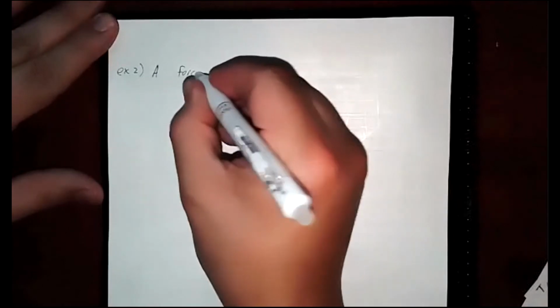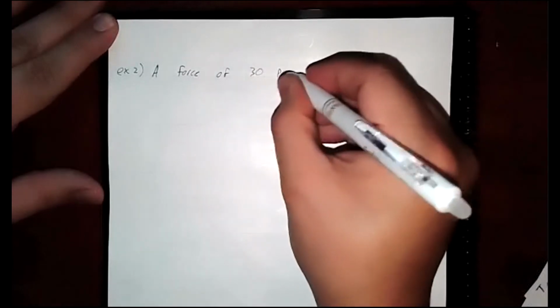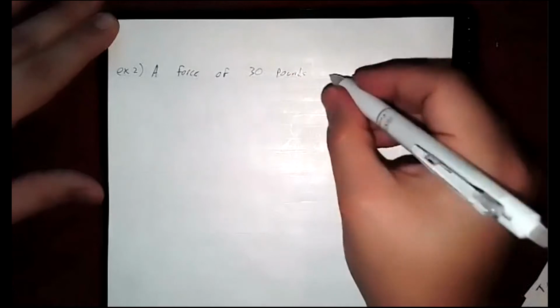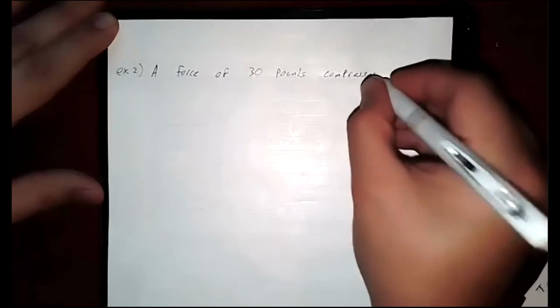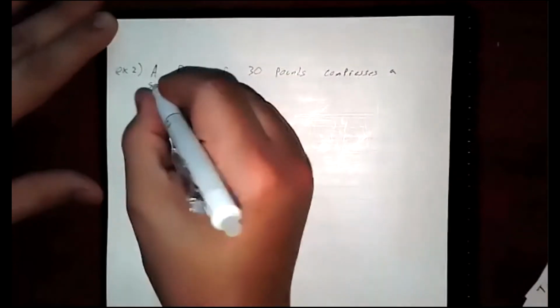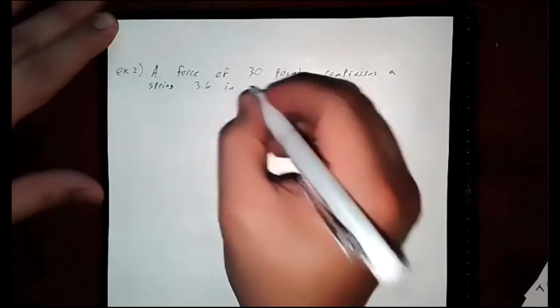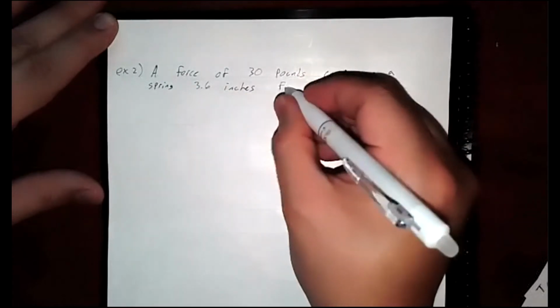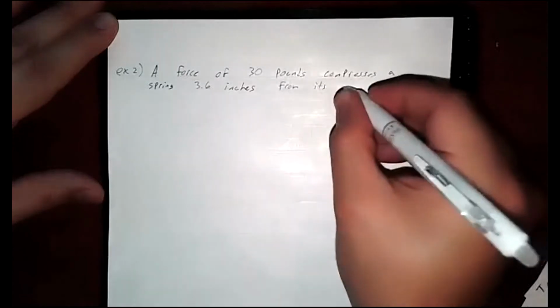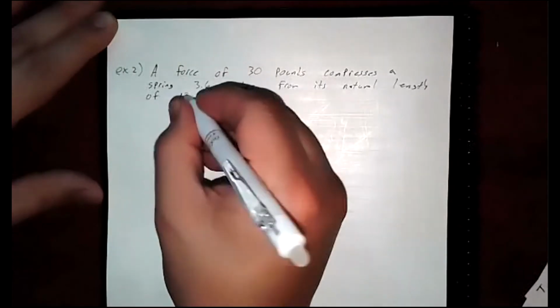A force of 30 pounds compresses a spring 3.6 inches from its natural length of 18 inches.